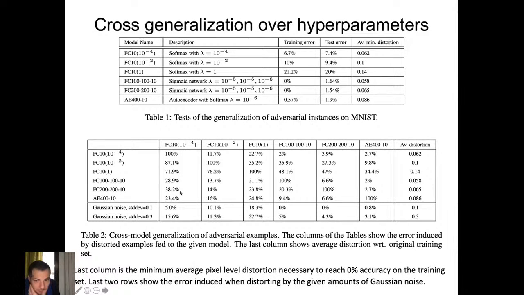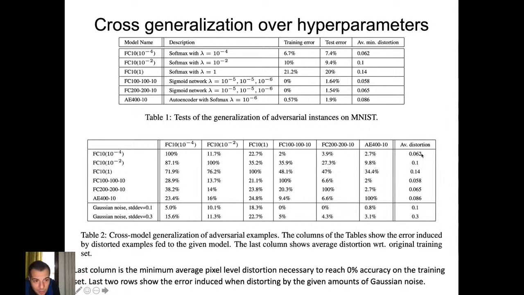So it means that the adversarial examples are also adversarial for other models. And in the last rows here, they showed what the performance is if you just add noise.